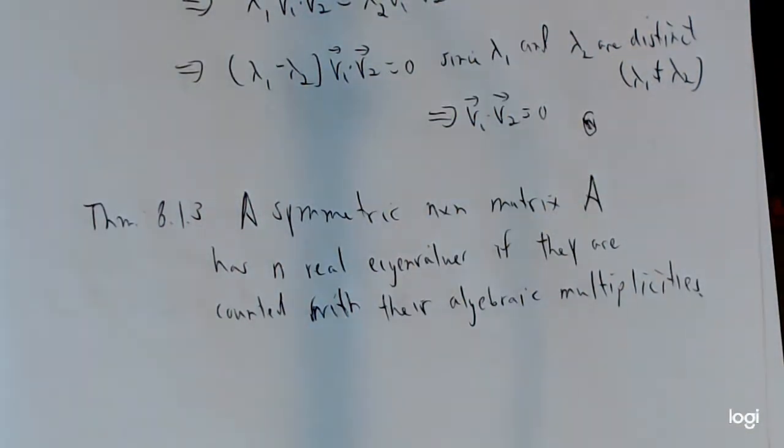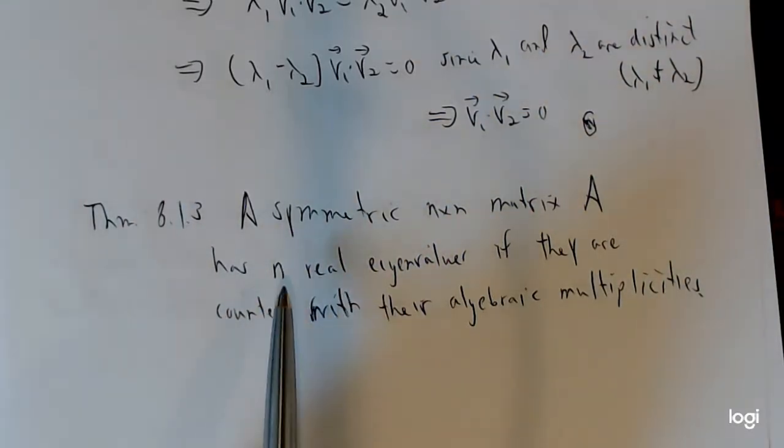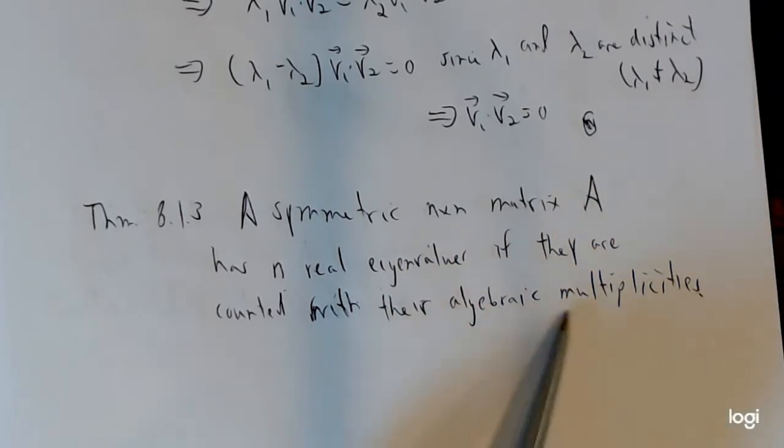Okay, so all this is saying is, look, if I have an n by n matrix, I'm going to have n real eigenvalues, right? Counting their algebraic multiplicity.